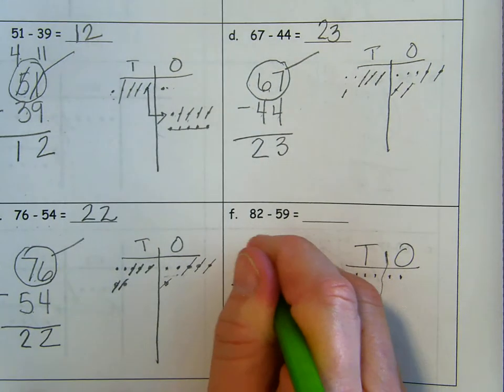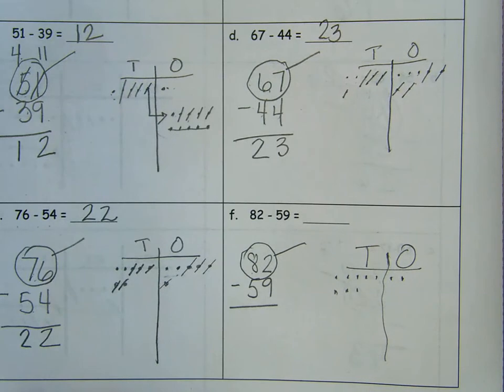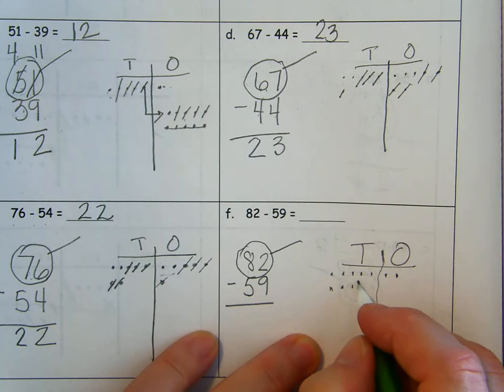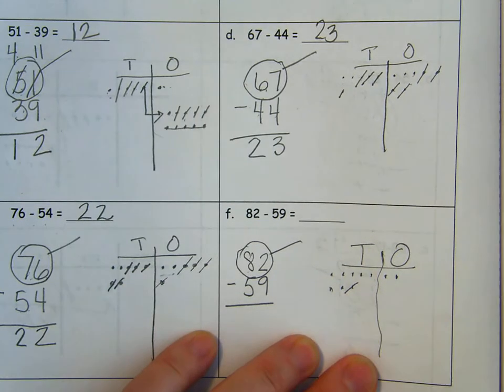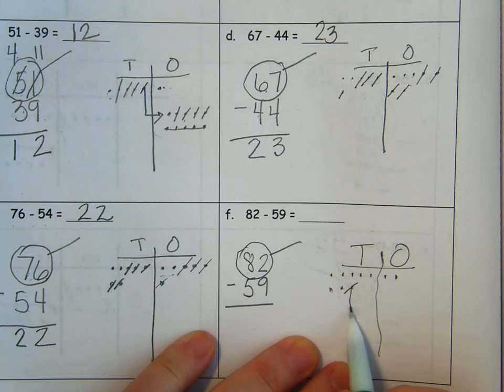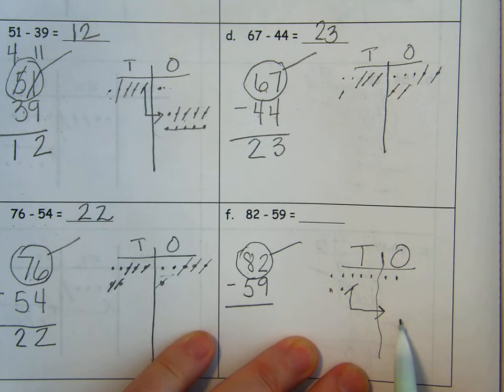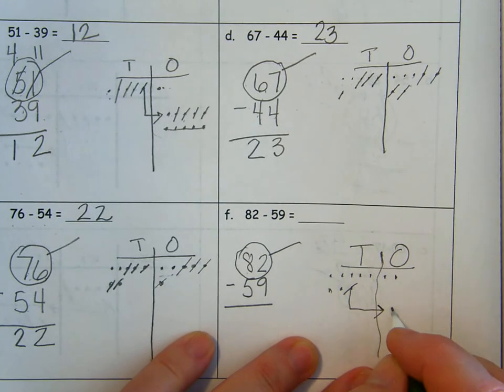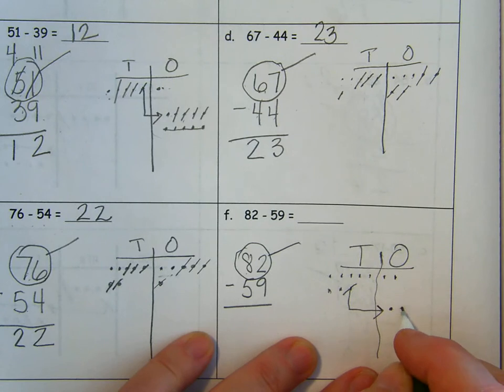So if we very closely examine 82, can I take 9 away from 2? No. I'm going to need to unbundle or decompose a 10, crossing it out, drawing my arrow to show me where it's going. I'm going to take that 1 10 and turn it into 10 1s.